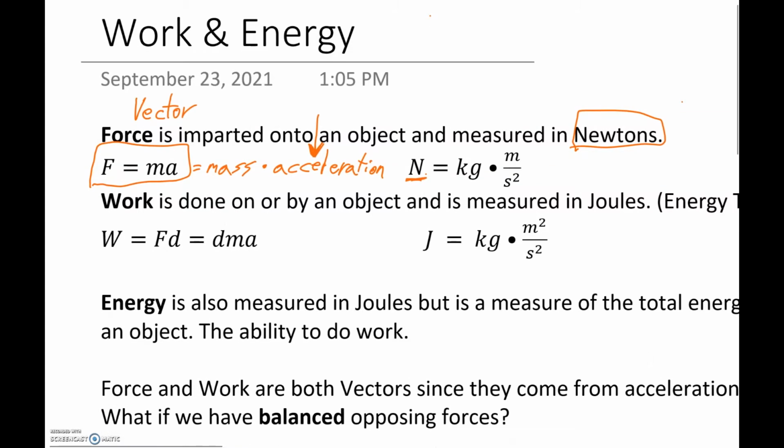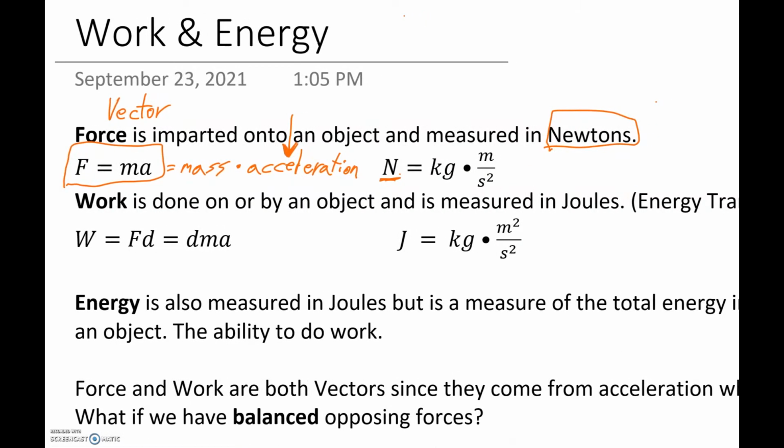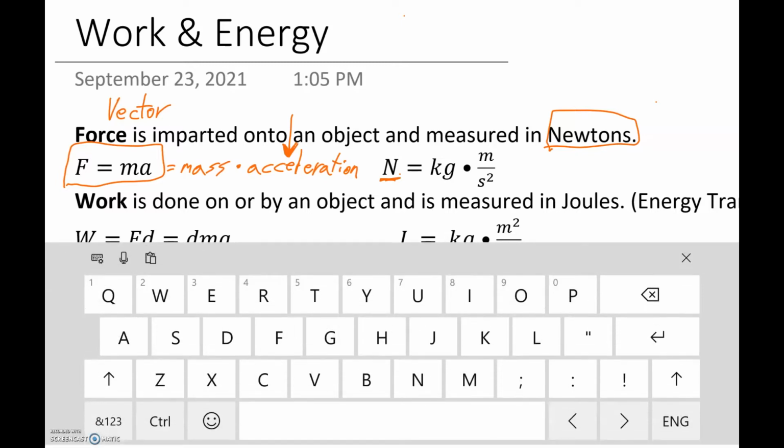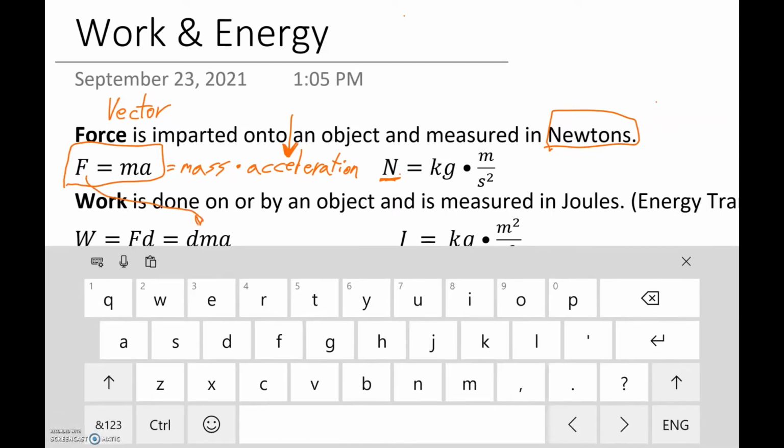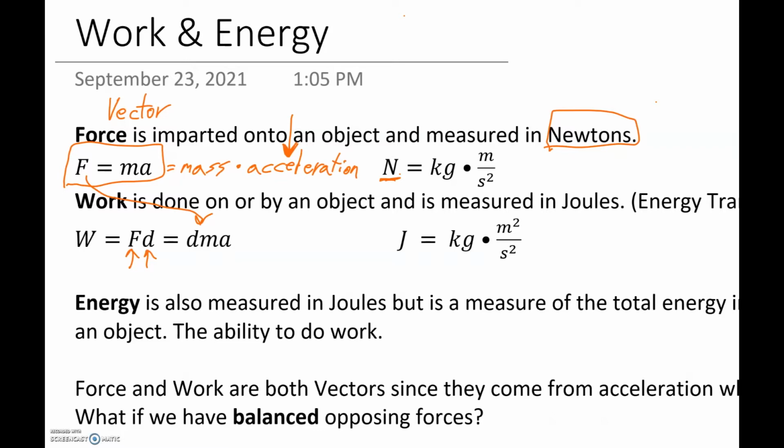Work is a measurement of the force times the distance. Okay, so it's force times the distance, FD. Or you could break up force into mass times acceleration, and break it up even further.